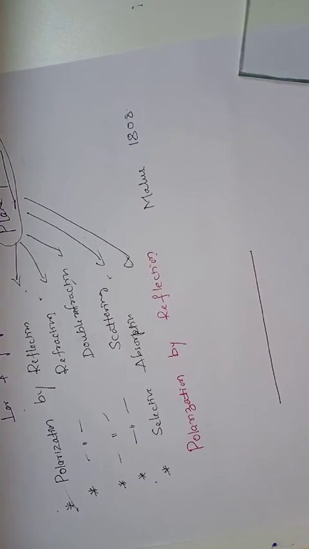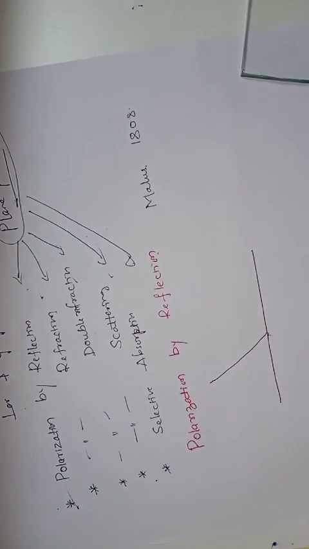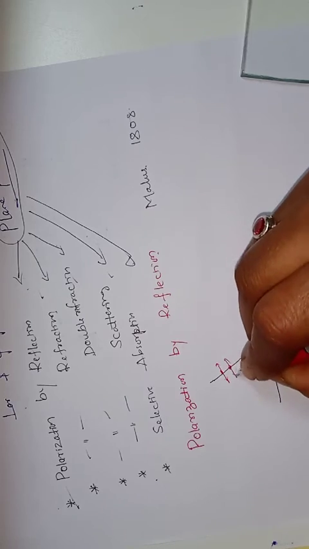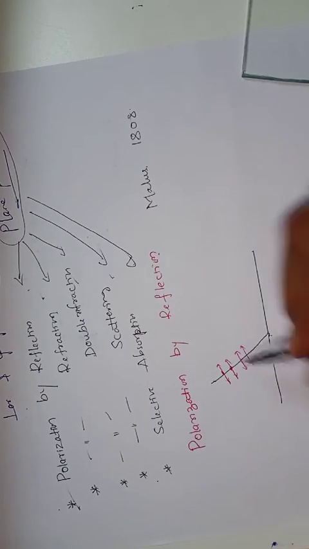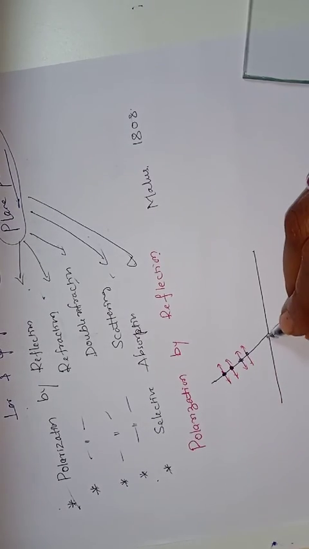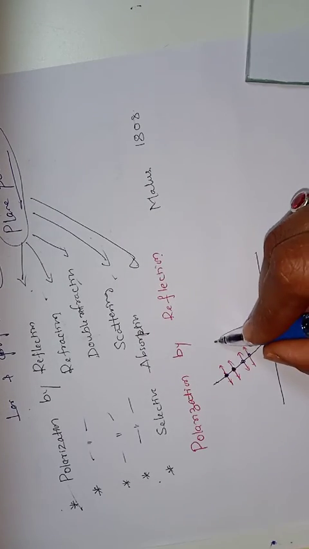So this is the light falling on the glass surface, which is unpolarized. In this direction we know the normal.